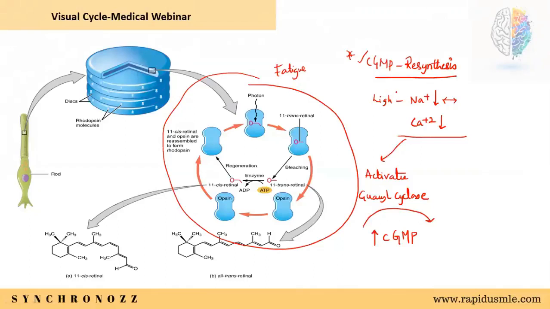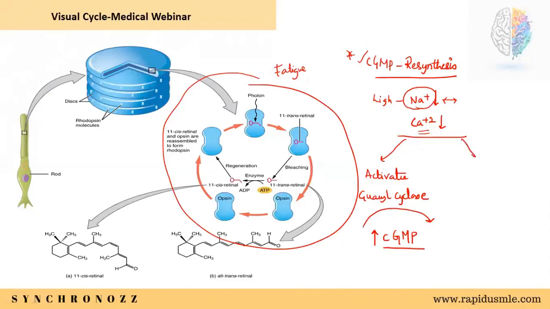And how does this resynthesis occur? Along with the low sodium levels, calcium levels also get low because of light. Whenever the calcium levels are low, activation of guanyl cyclase occurs, leading to increased cyclic GMP.